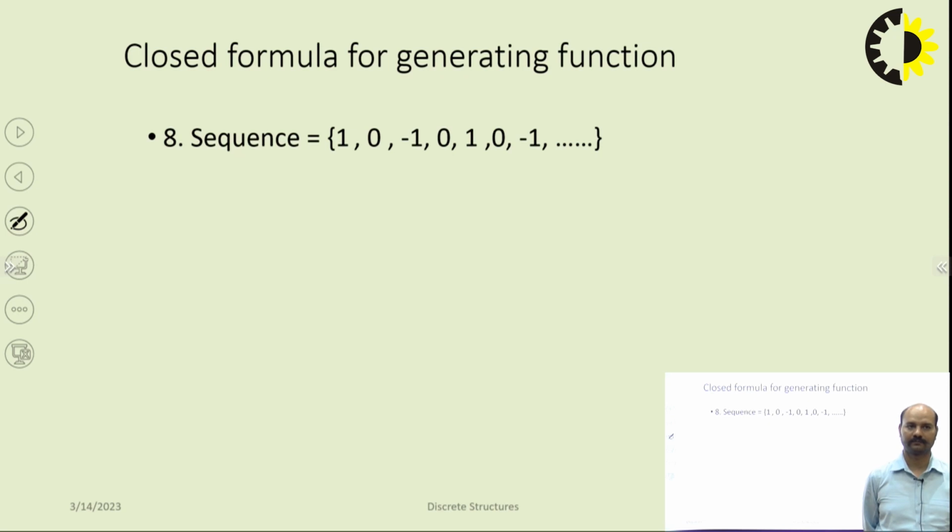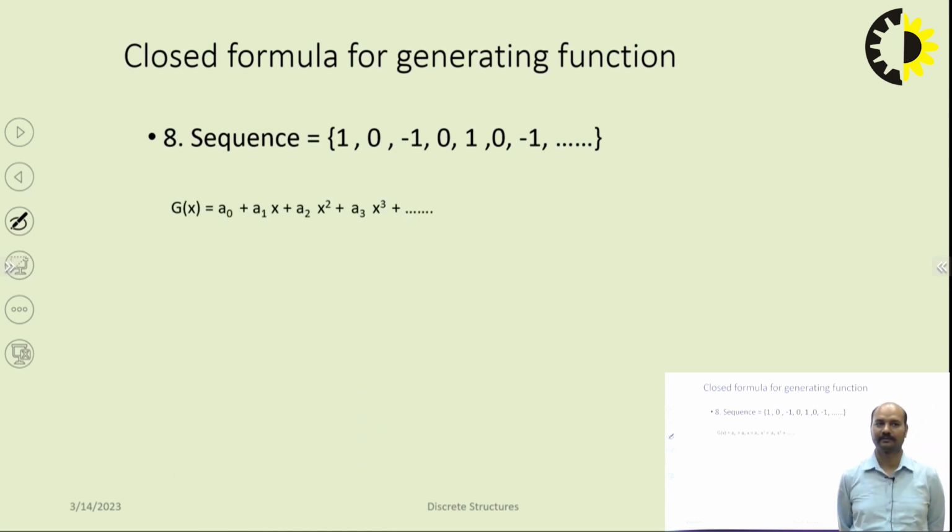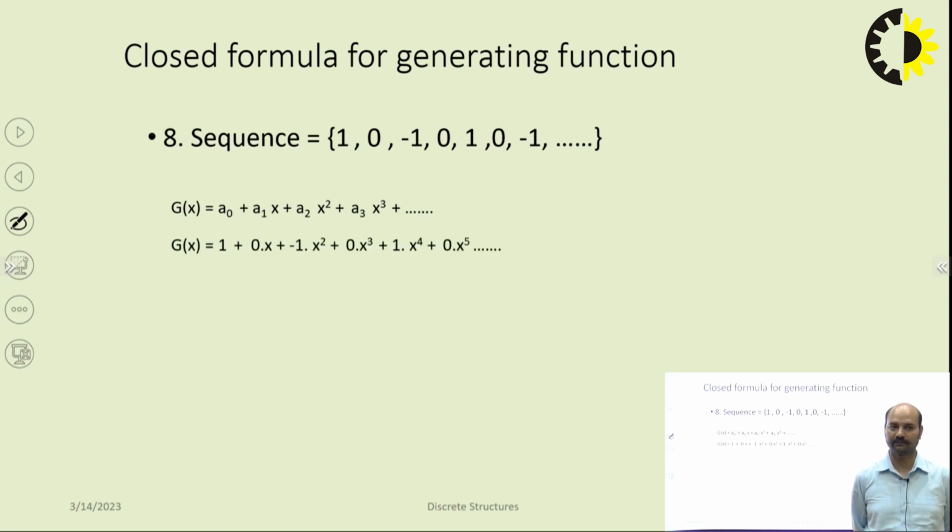Then what will happen if the sequence is 1, 0, -1, 0, 1, with alternate zeros and alternate 1 and -1? What is the value of a0? That is 1. What is the value of a1? That is 0. What is the value of a2? That is -1. So we substitute all the values.